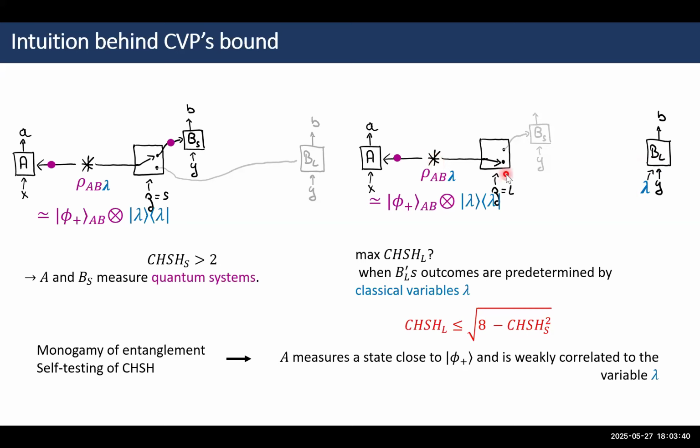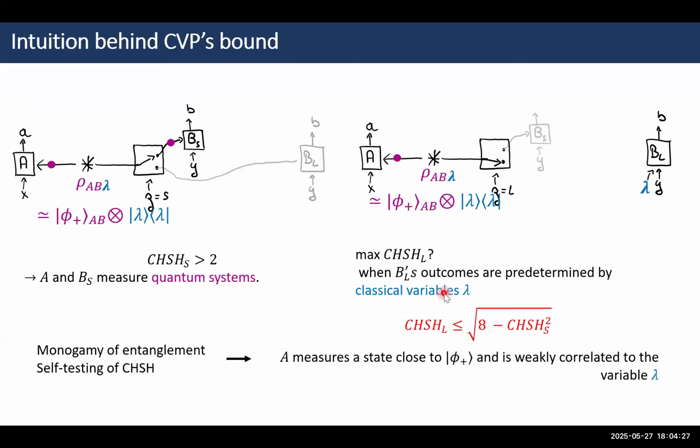These classical parameters can be obtained by measuring the quantum register B if it's actually routed in the long path. So even if I observe a high violation in the short path, and I conclude that rho AB is a fiber state, and so uncorrelated to everything, I can still get A and the faraway device to share some correlations, because this classical variable lambda could actually be the result of a measurement performed on B, which is correlated to A. So this kind of analysis is too restrictive, and so we cannot apply this trade-off.